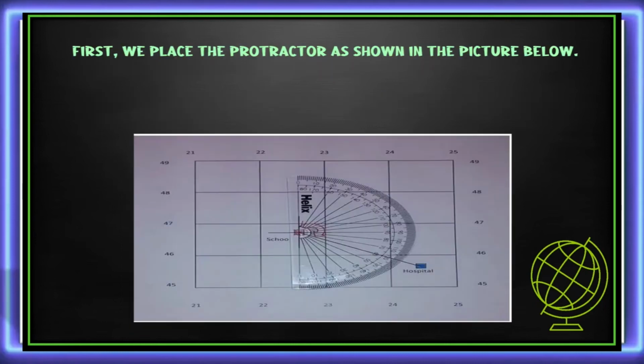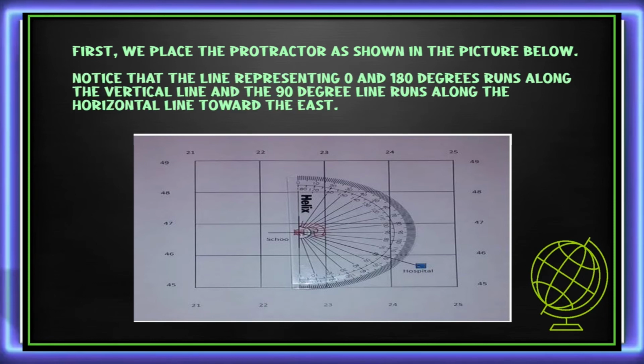First, we place the protractor as shown on screen. Notice that the line representing 0 and 180 degrees runs along the vertical line, and the 90 degrees line runs along the horizontal line towards the west. Can you tell the size of the angle?